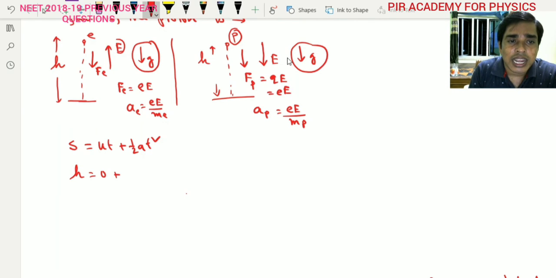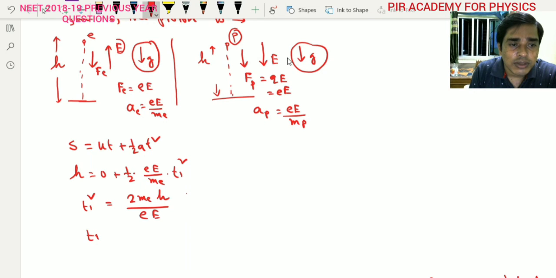So 0 plus half into a, where a is eE by m_e, into T1 squared. So T1 squared will be 2 m_e h by eE. That means T1 will be root over 2 m_e h by eE.